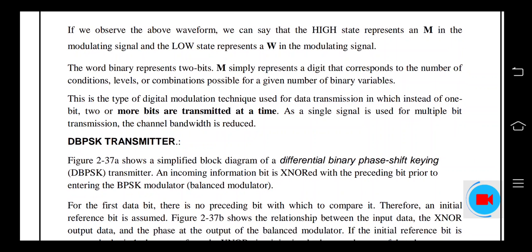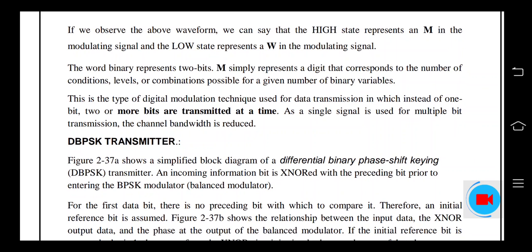This type of digital modulation technique is used for data transmission in which, instead of one bit, two or more bits are transmitted at a time. A single signal is used for multiple bit transmission, so the channel bandwidth is reduced. That means we are using the multiplexing operation. So as the number of channels increases, the bandwidth is automatically reduced.